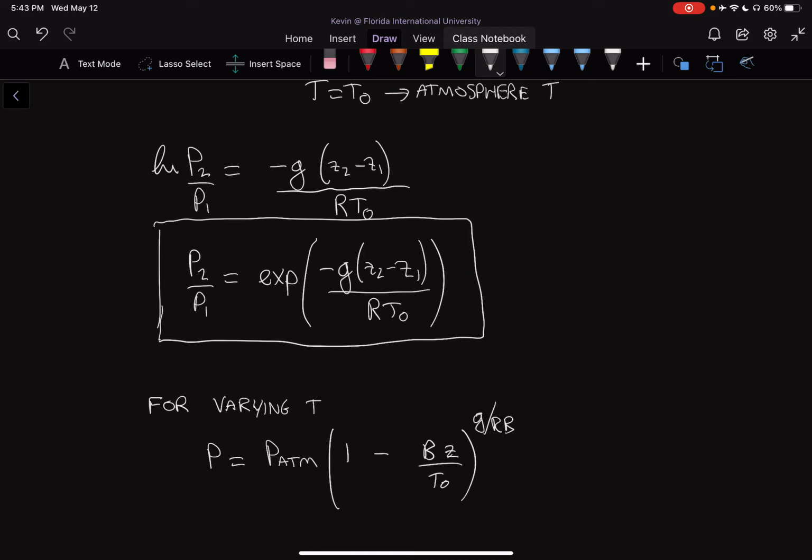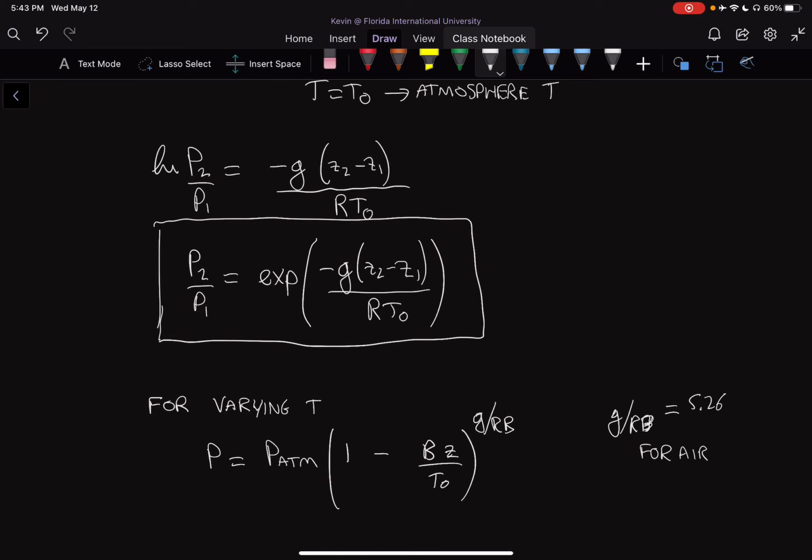So this is a power, and g over RB is just a constant, usually. This constant is equal to 5.26 for air. It has a different constant for every gas, but for air it's 5.26.